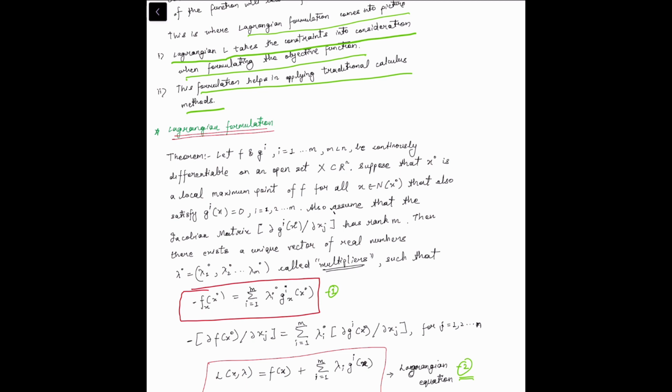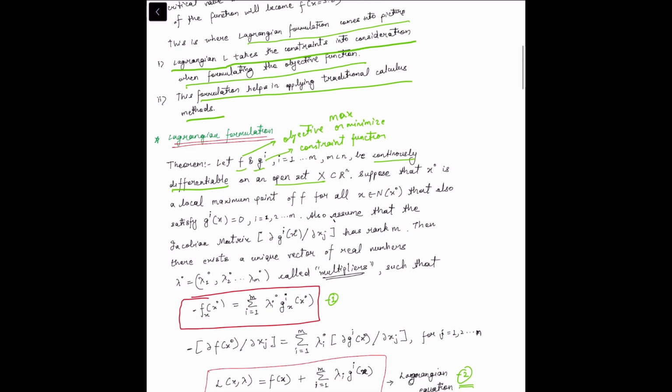So the theorem is: let f and g_i be continuously differentiable on an open set X contained in R^n. Here f is the objective function which we want to maximize or minimize, and g_i are the constraint functions.